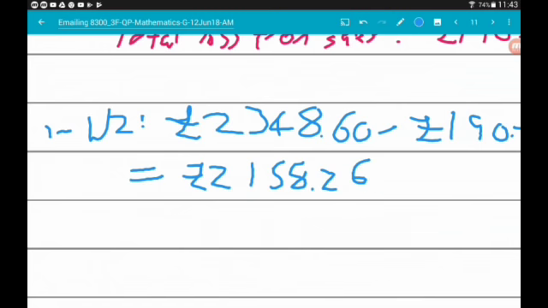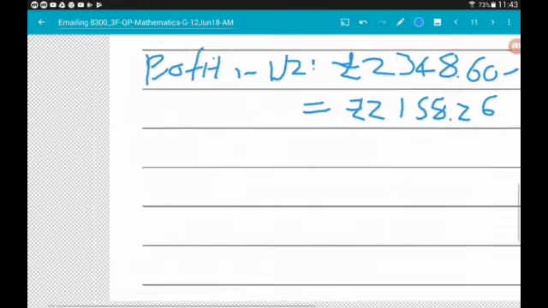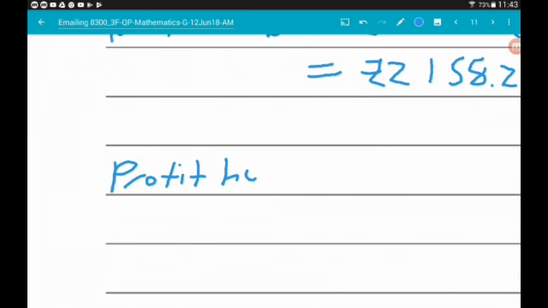So that is the total profit that they made in week 2. Now we need to work out the profit increase. So the profit increase is the profit in week 2.